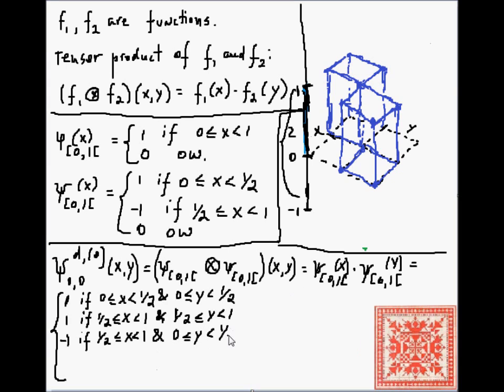The average along the first main diagonal from the top left to the bottom right, and the average along the second main diagonal from the top right to the bottom left. So that's what the tensor product that defines the two-dimensional diagonal wavelet measures.